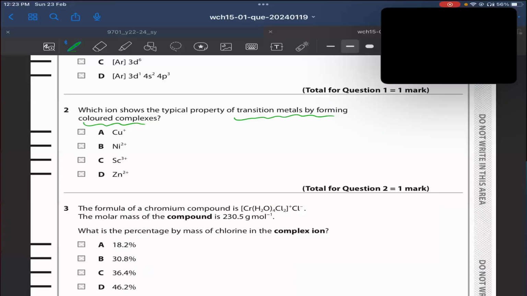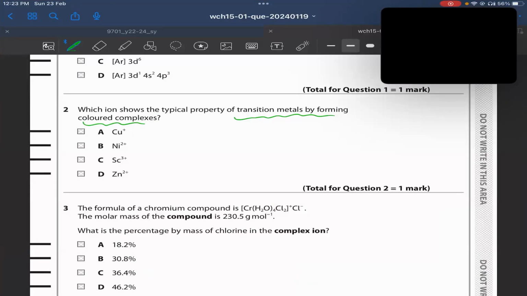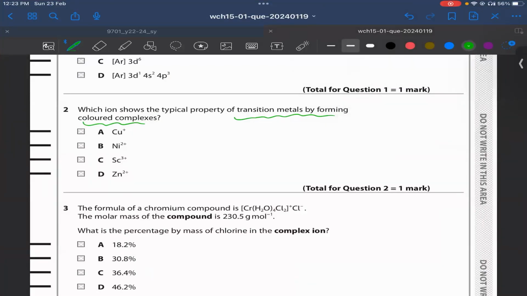Okay. So which ion shows the typical properties of transition metals by forming colored complexes? Yes, what could be the answer?